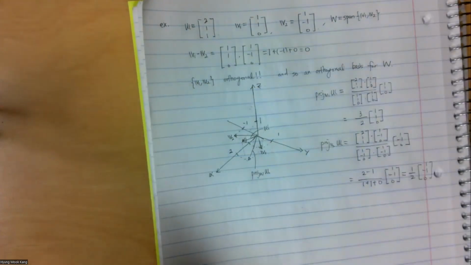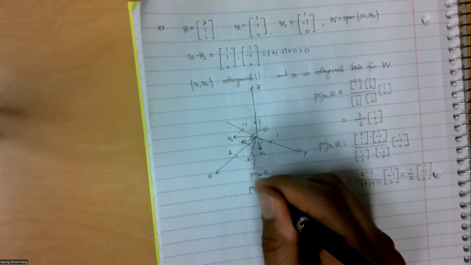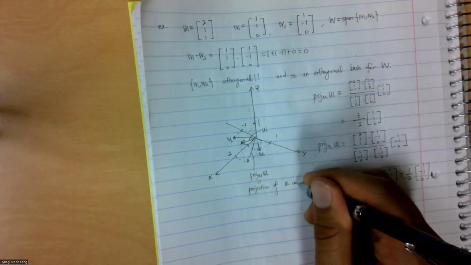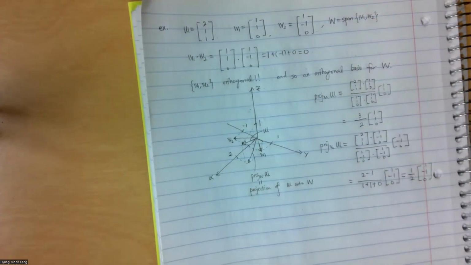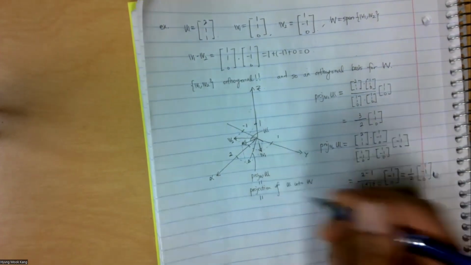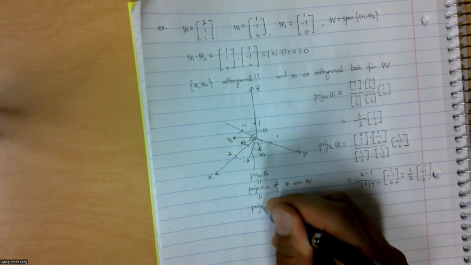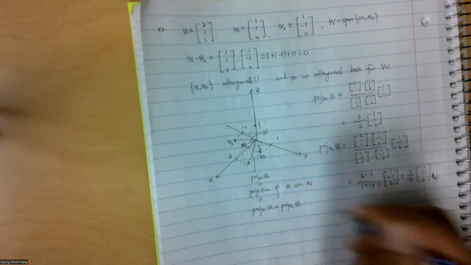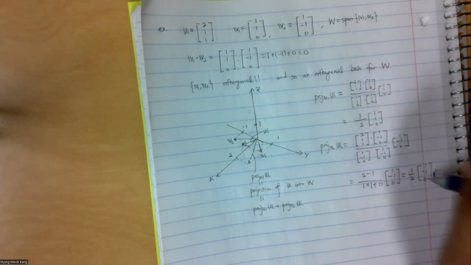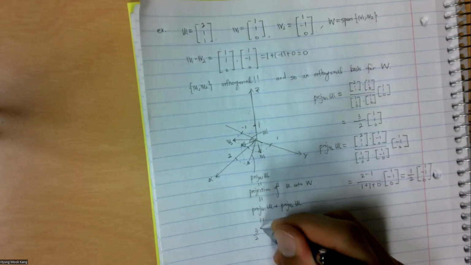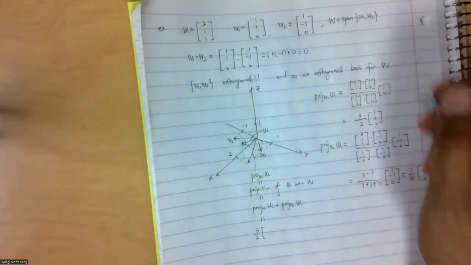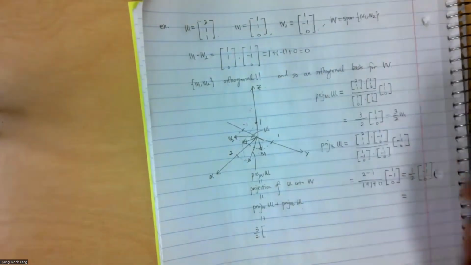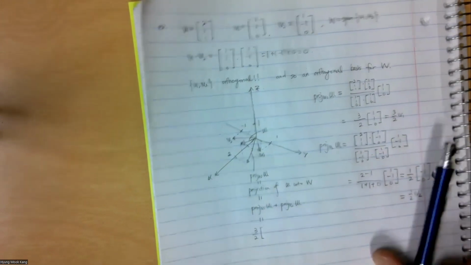We're projecting onto a subspace, so we call this the projection of u onto W. Of course, this is the projection of u onto v1 plus the projection of u onto v2. In this case we got 3 over 2 times (1, 1, 0), which is v1, and (1, -1, 0) is v2, so half of v2.